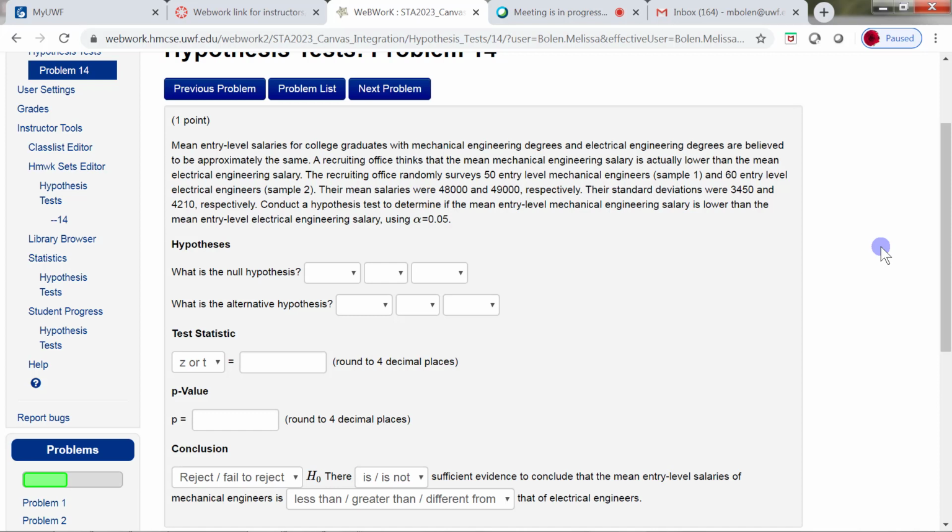The recruiting office randomly surveys 50 entry-level mechanical engineers, sample 1, population 1, and 60 entry-level electrical engineers, population 2. Their mean salaries were $48,000 and $49,000 respectively. Their standard deviations were $3,450 and $4,210 respectively. Conduct a hypothesis test to determine if the mean entry-level mechanical engineering salary is lower than the mean entry-level electrical engineering salary using alpha equal 0.05.